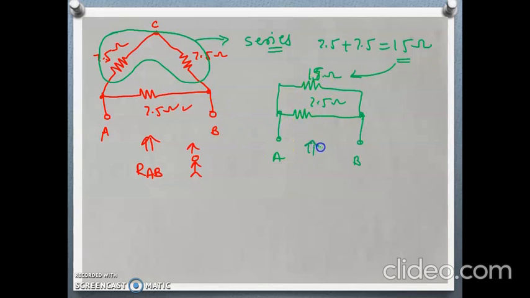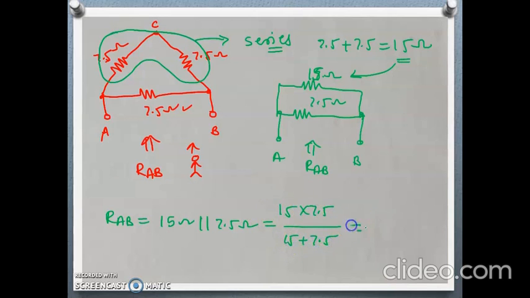Now observe, this 15 ohm and 7.5 ohm are connected in parallel. So RAB will be the parallel combination of 15 ohm and 7.5 ohm. So it will be 15 into 7.5 divided by 15 plus 7.5, and we get the value of 5 ohm. So the required equivalent resistance of the circuit shown is nothing but 5 ohm.